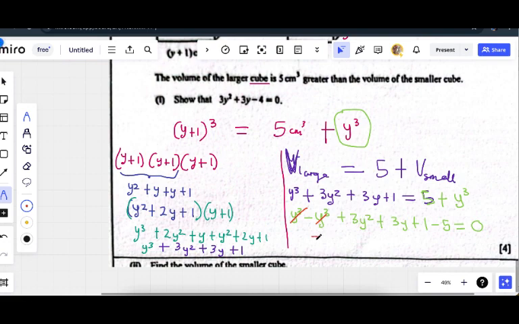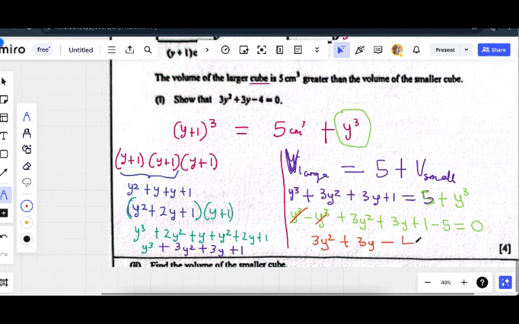So we have 3y squared plus 3y, then you say plus 1 minus 5. That would be negative 4, right? 1 minus 5 is negative 4.